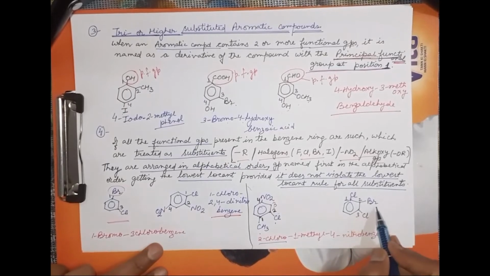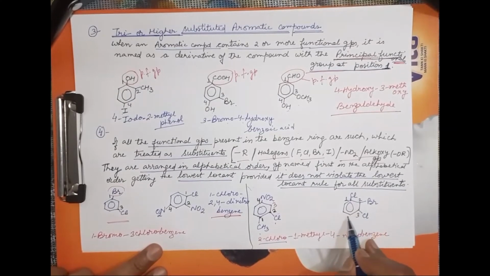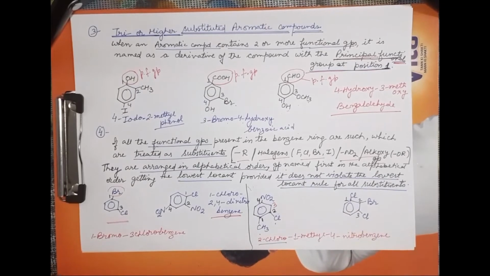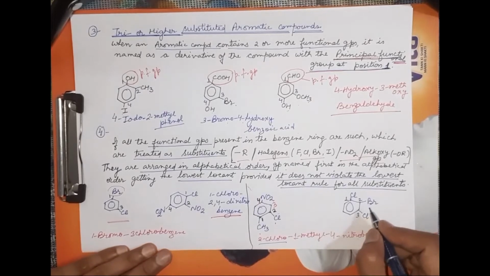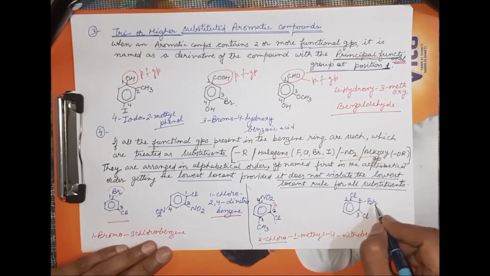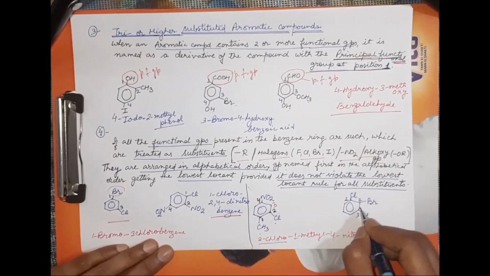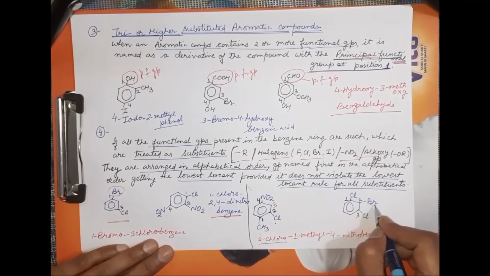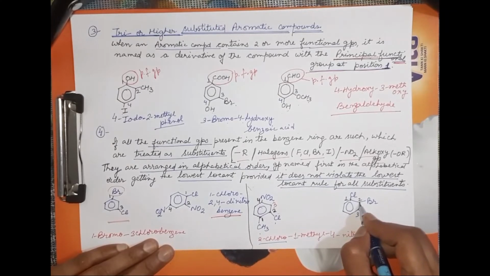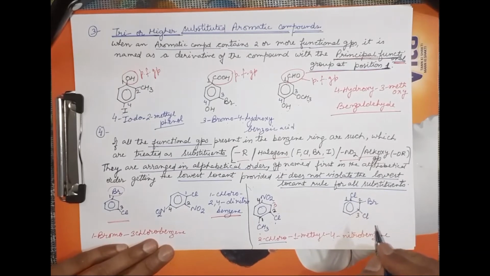So then another example is, this benzene ring is having Cl, Br, Cl. Here if we start according to the alphabetical order, we should start with this carbon, bromo. But if we start the numbering from here, then the other substituent will get the higher number.